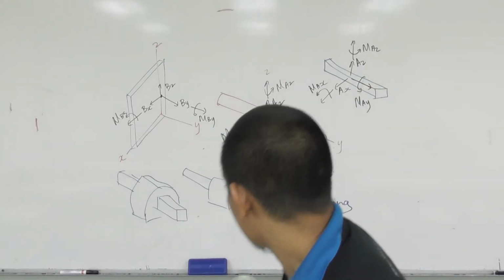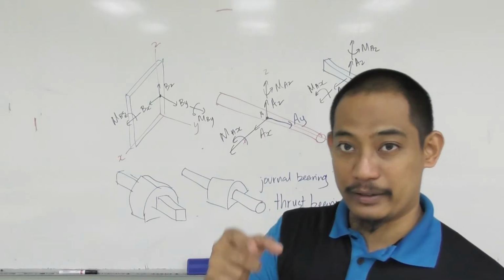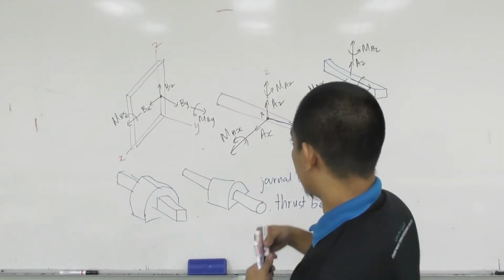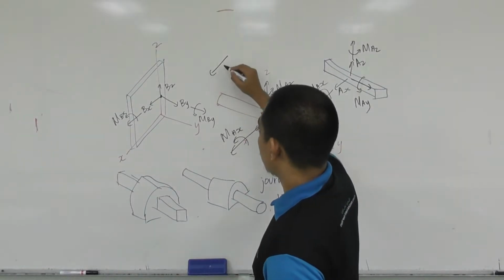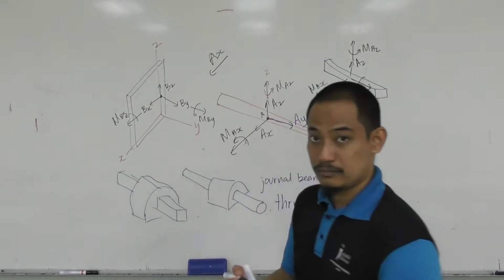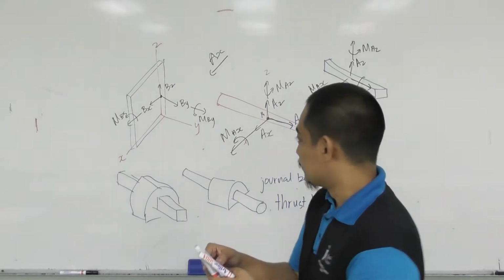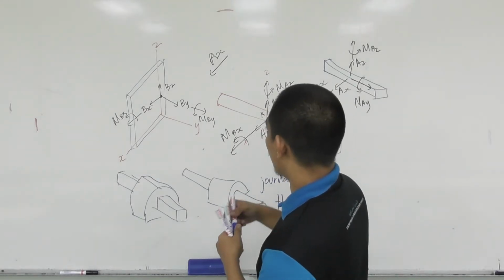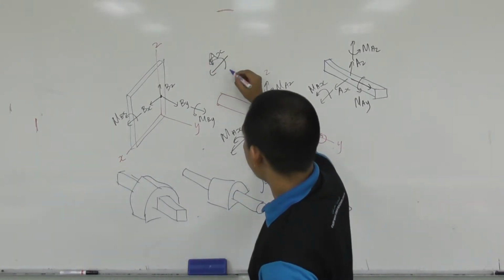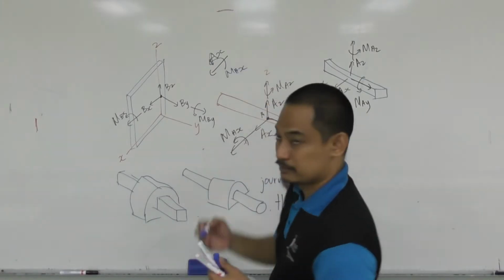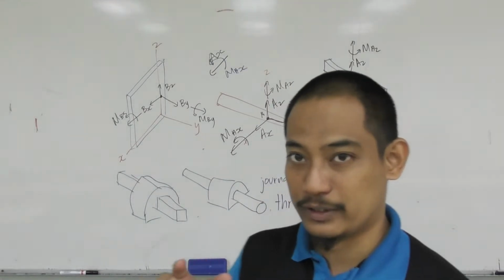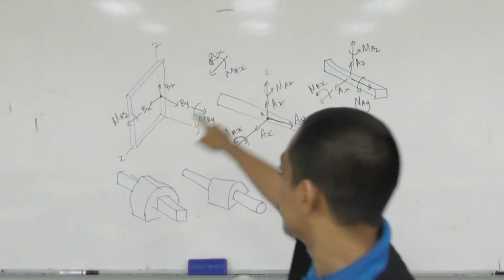What I mean is, you cannot occupy the same line. For example, I cannot draw like this. If I have AX here, where you have the force reaction, then for the moment, you cannot just occupy it here. MAX, right? Because that line there is for the force.